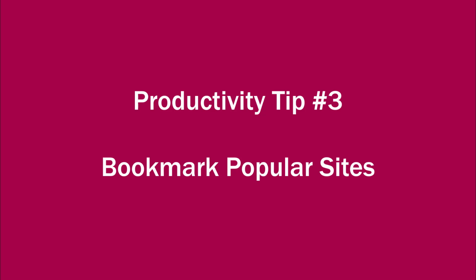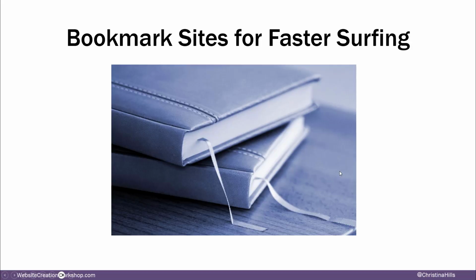So I want to help you to be more efficient working online. All right, productivity tip number 3 is bookmark popular sites. So what does that mean? Bookmarking, just like in a regular old book, when you bookmark your sites, you can surf faster.